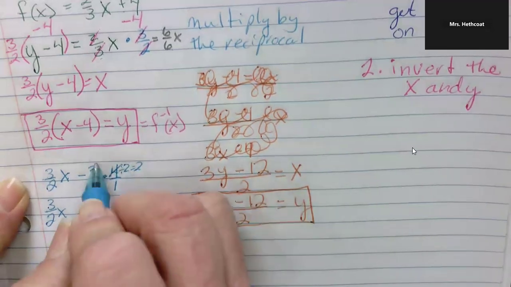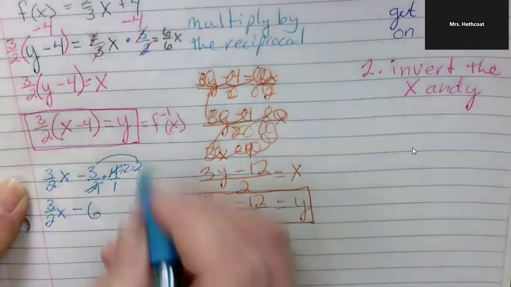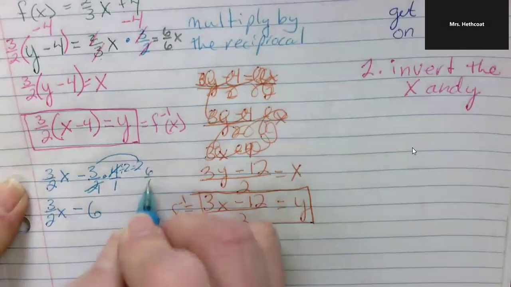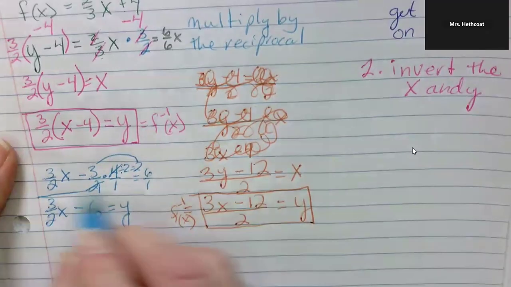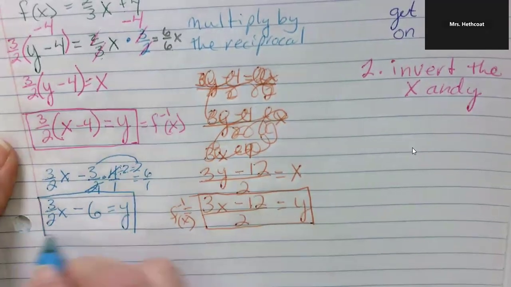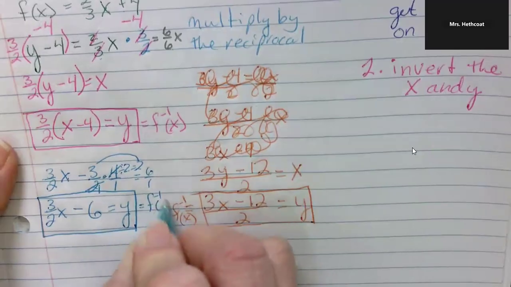And then you still have to do 2 times 3 is 6. So we get minus 6. It would be 6 over 1, but we just switch it to 6. That equals y. So this is also an option for a correct answer for the f inverse of x.